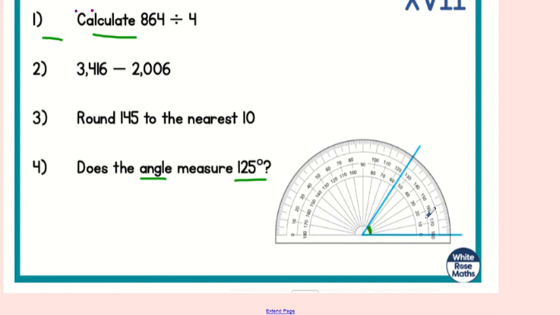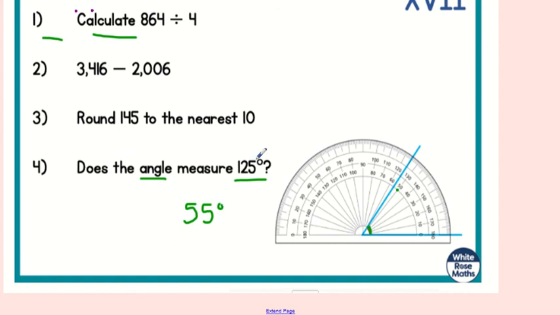So we go 10, 20, 30, 40, 50. Now it's gone past the 50, but it's not quite at 60. Now I would suggest that's about halfway. So we know that halfway between 50 and 60 would be 55. So this angle measures 55 degrees.